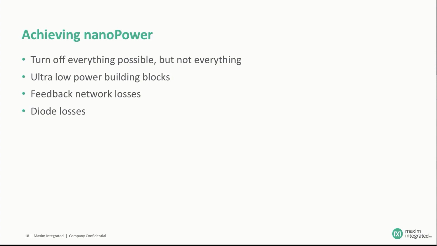Reduce losses in the feedback network. Where a classic resistor divider is used to measure a voltage, current is constantly being drained to ground. There is another way to eliminate that current drain, by running a current through a resistor during startup only to measure and set that value in the chip. Lastly, diodes create losses in a system due to their forward voltage drop, and we'll discuss some techniques for eliminating that loss.